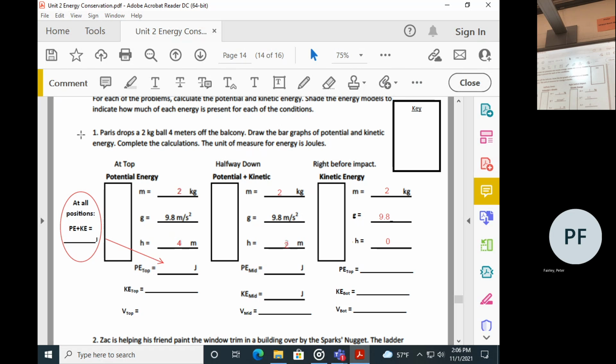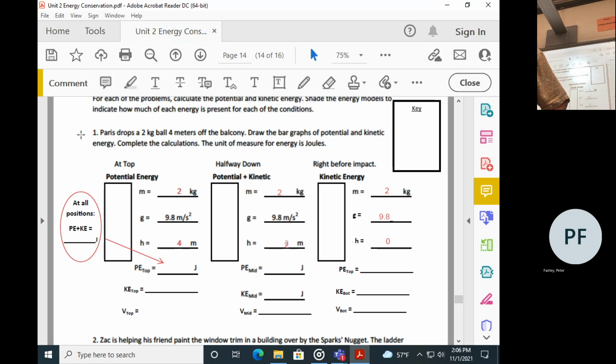What percent of it is kinetic energy when it hits the ground? Well, it's all kinetic, right? 100% is kinetic. Good with that? Can you fill these last 2 in by yourself? Yeah. Wait for this last thing.